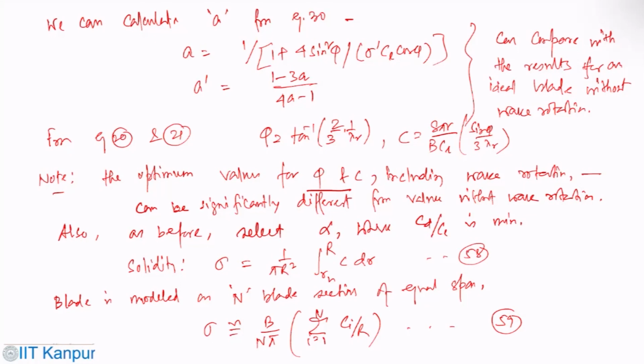Also, faster machines would have blades with increasing chord as one moves from the tip to the hub. Blade twist could be significant. So essentially, one can use this to find out the optimum blade shape.